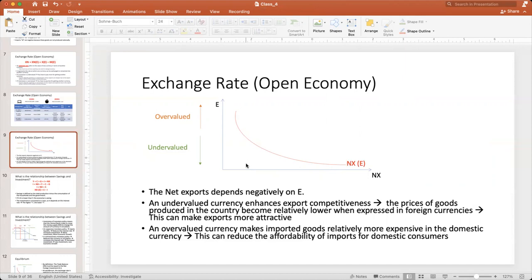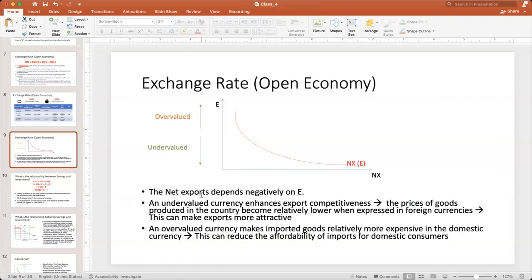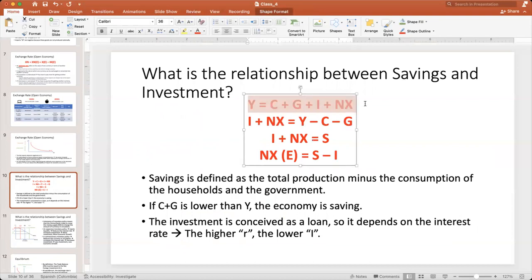Because we are giving households more economic power to buy and to afford products from abroad. But remember, this is only one part of the story. We need the other part of the story. And when do we get the other part of the story? Well, from the same macroeconomic identity.